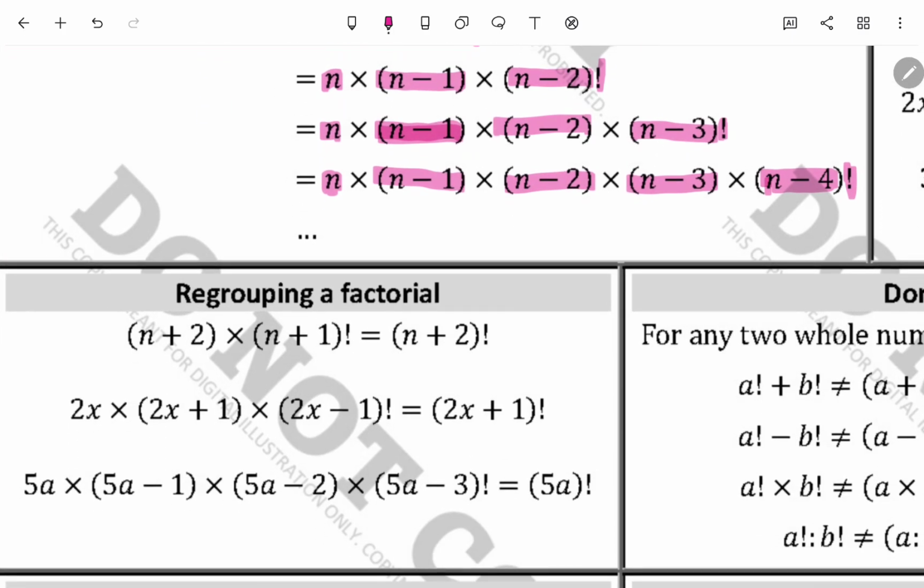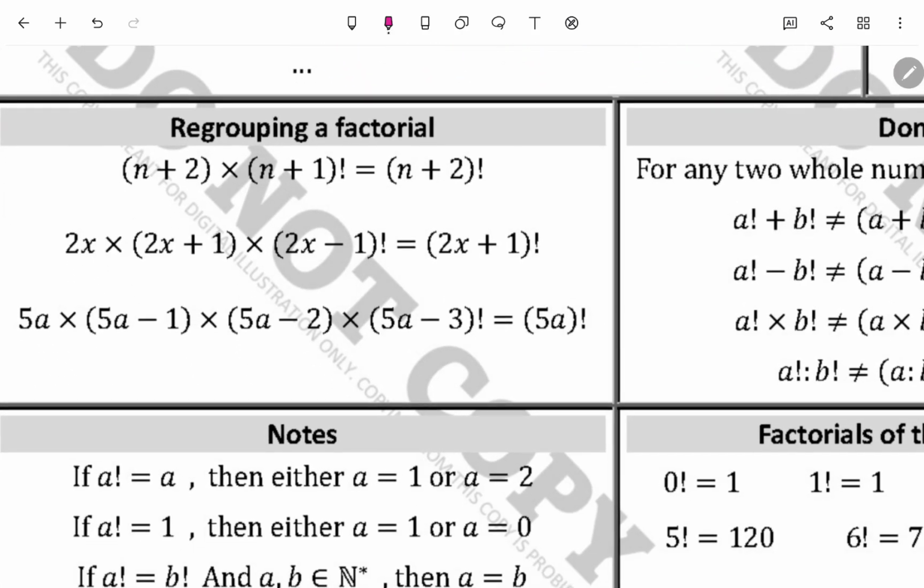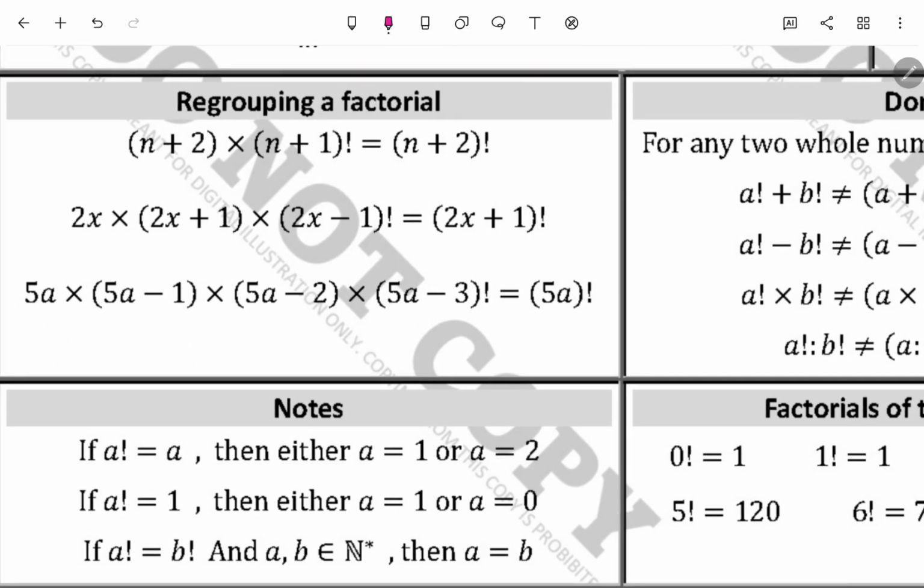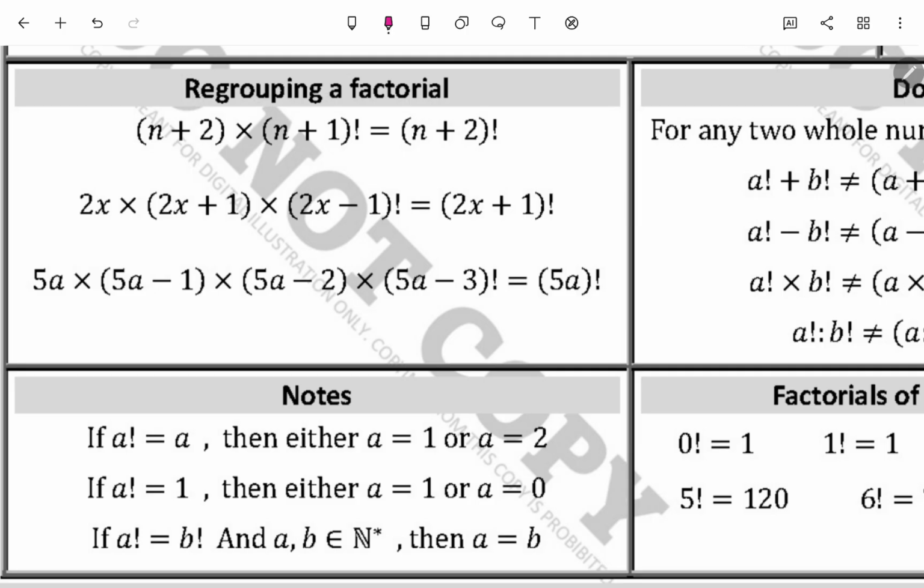Now the next step is, if we want to know how to regroup the factorial by writing n plus 2, for example, multiplied by n plus 1. If you're going to see this in your questions, you are going to think about which one is the biggest factor. So the biggest one is n plus 2.